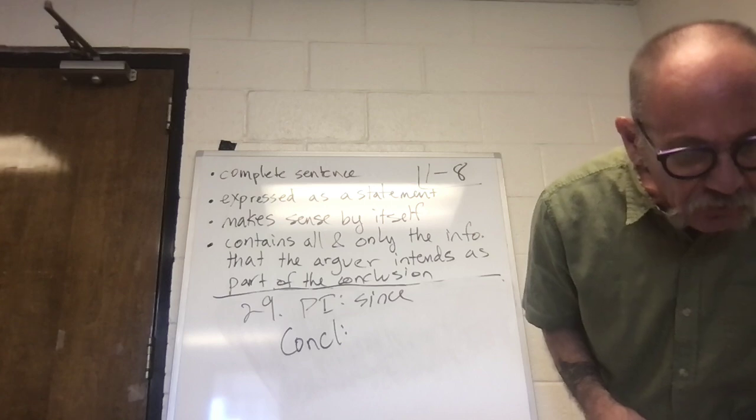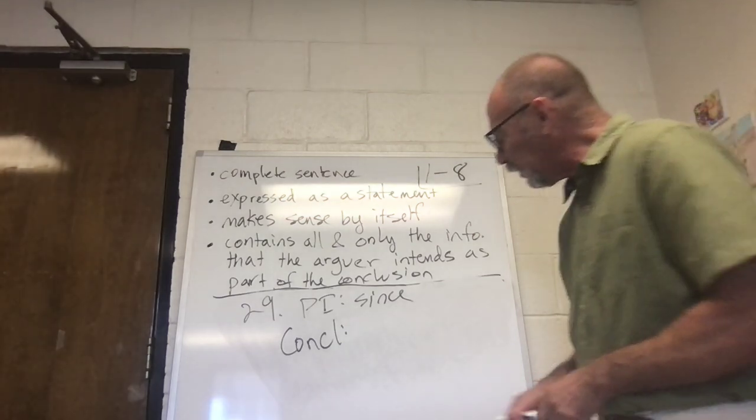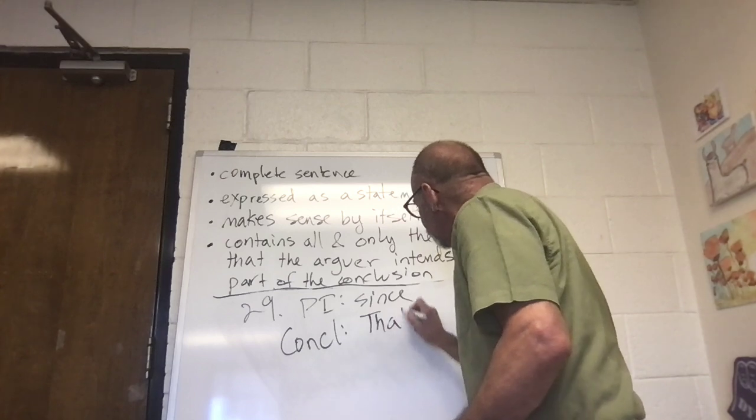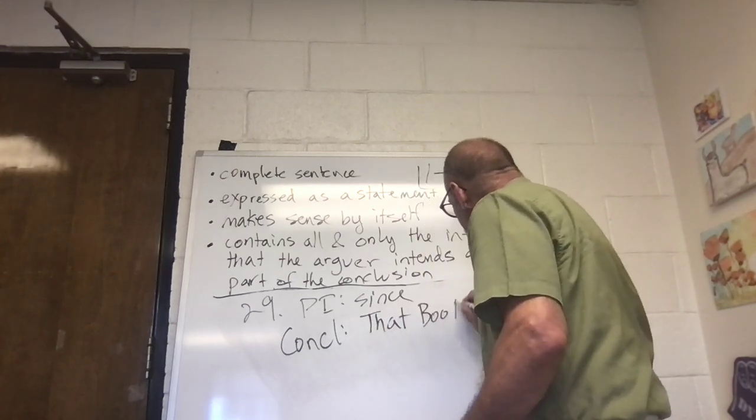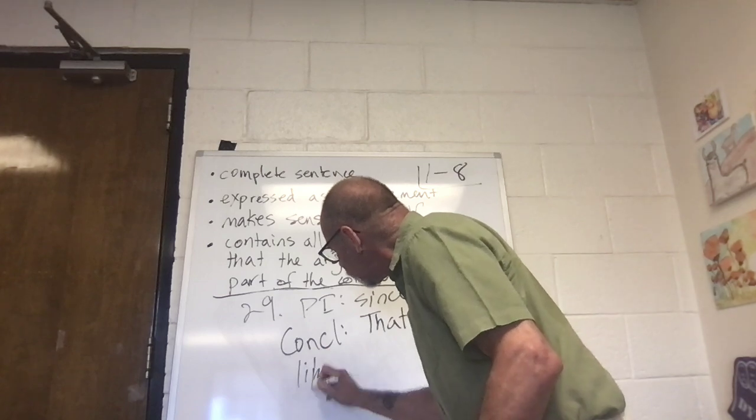Well, if we go back before the comma, this says Boo Radley likes everyone and everything. So how about if we say that Boo Radley likes everyone and everything.